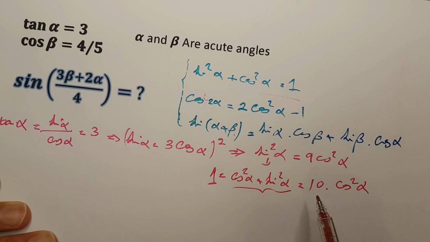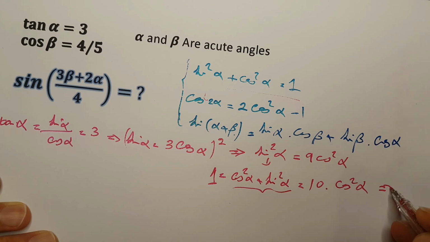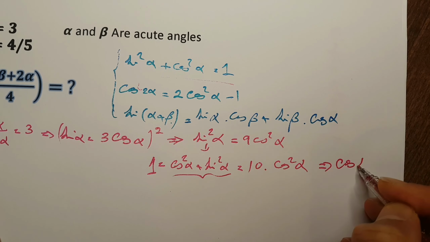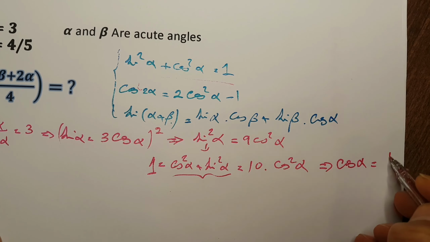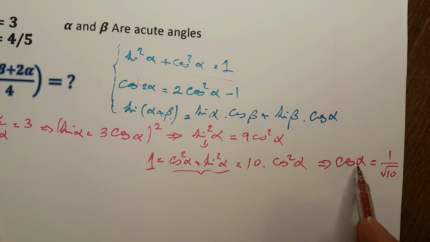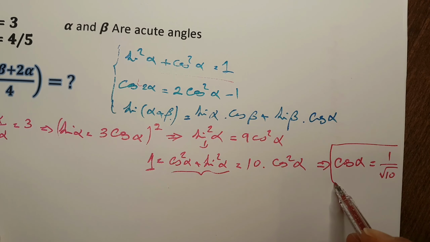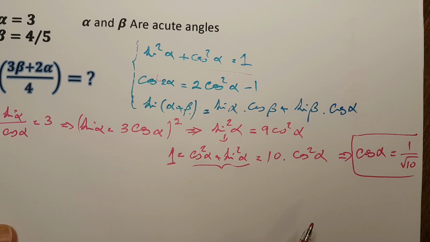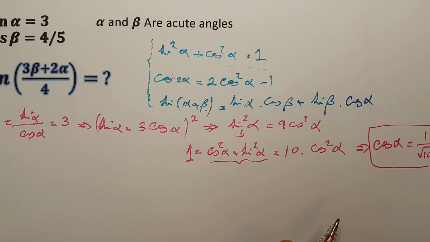And then from here, cosine of alpha will be 1 over square root of 10. We know that alpha is an acute angle, so cosine of alpha cannot be a negative number, and hence alpha will be in the first quadrant of the unit circle.